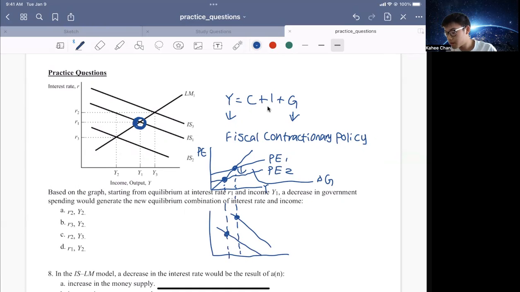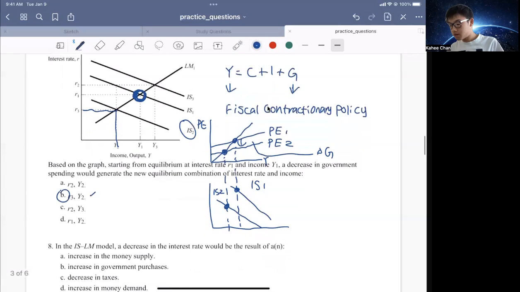So here, only IS2 is the case, because it is the only curve that is shifting to the left. So we can see R3 and Y2 will be the new equilibrium when we combine with the IS-LM model. R3, Y2, B.